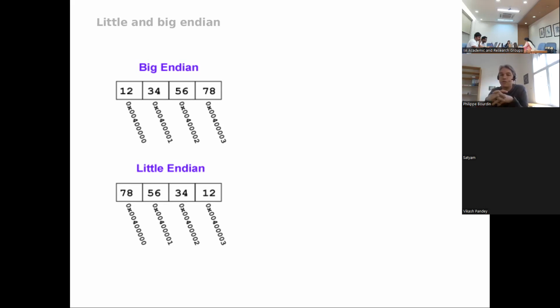So what comes out is garbage, or more or less garbage. It's good data, but in a mixed order. That is the typical mistake that people make. They transfer binary files from one computer to the other, and then all of a sudden they find out that it doesn't work. So I want to just quickly mention that this concept exists, so you are aware of it.